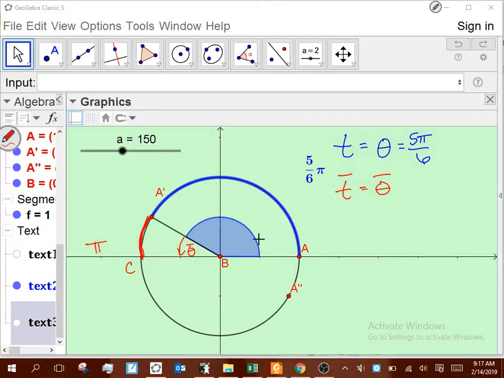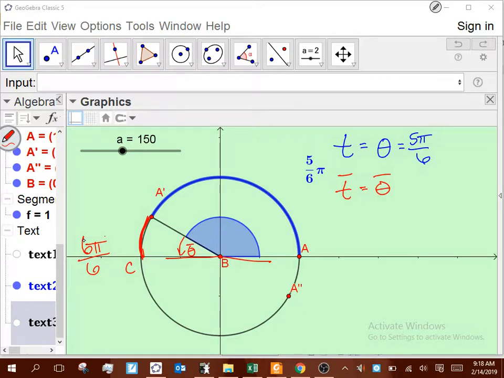Or if I think about this blue angle being traced out, with my initial ray being the positive x-axis and my terminal ray being the negative x-axis, that would be an angle of pi radians. Now, because this distance was in a denominator of 6, so we're in sixes, I like to rewrite pi in sixes.